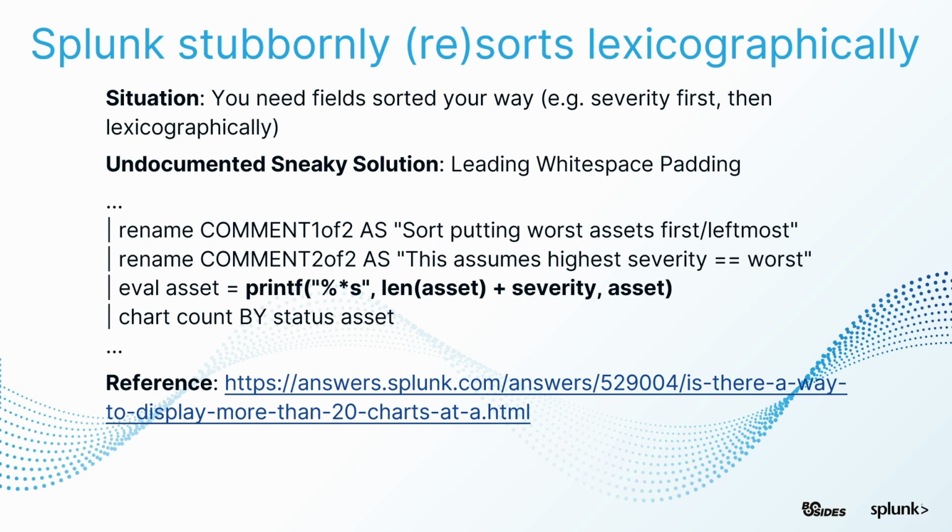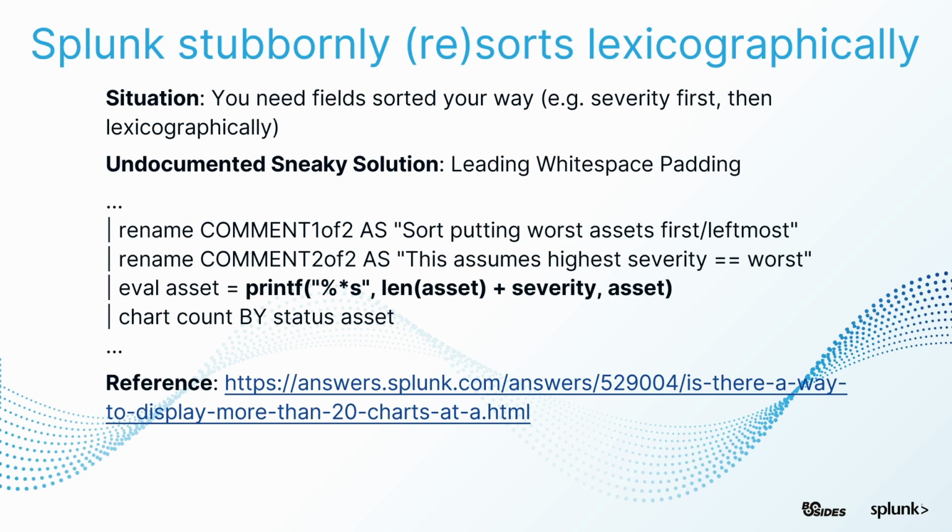So as you can see in the comments, it says rename comment 1 of 2, sort putting worst access first and leftmost. This assumes highest severity equals worst. So let's say there's a scale of 3, red, yellow, green, and it says highest severity equals worst.